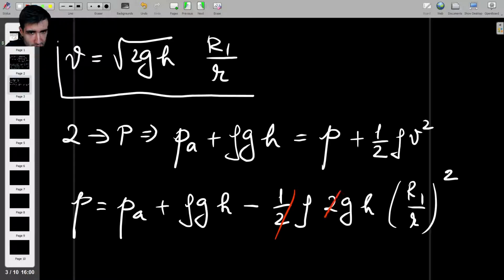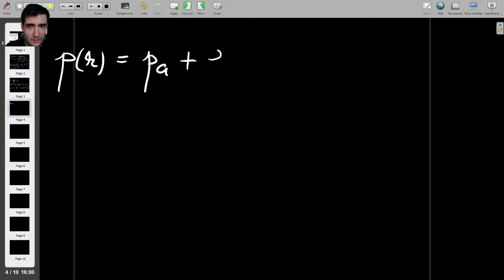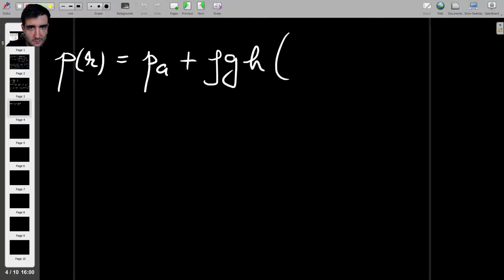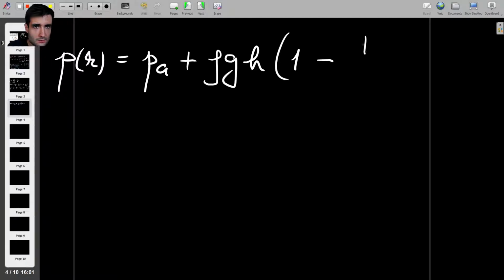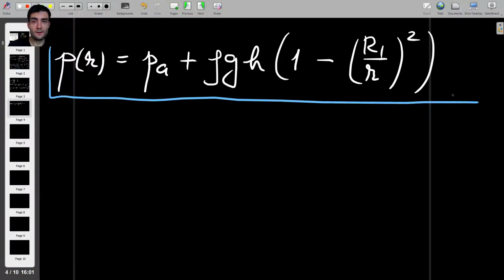We can cancel out this and the 2, which finally gives us that the pressure at a distance r, so this becomes a function of the distance r, is atmospheric pressure plus, and then we can factorize the rho gh, that is rho gh times 1 minus r1 over r squared. And yeah, this gives us the function of r.